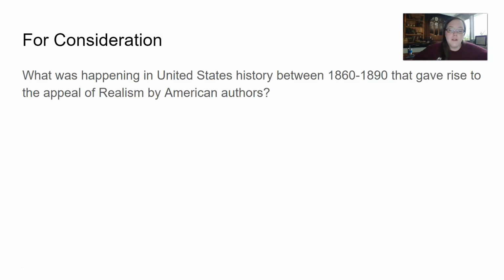I think also, however, we have realist authors who aren't necessarily included in our realist list, but might be more included in naturalism. As we get into reading immigration stories, or stories of people living in America who immigrated from a different country, post-Civil War immigration is essentially what I'm saying.